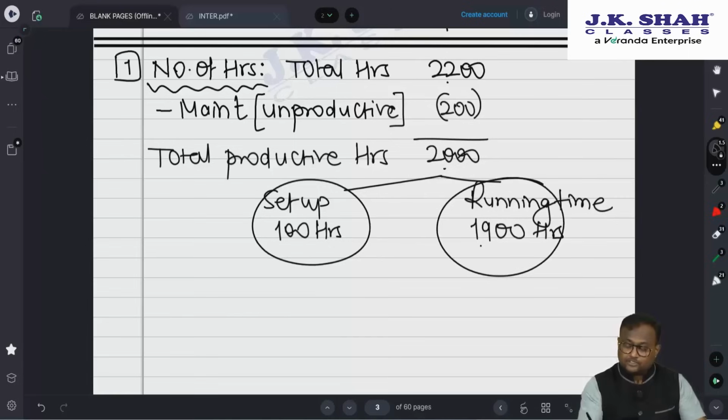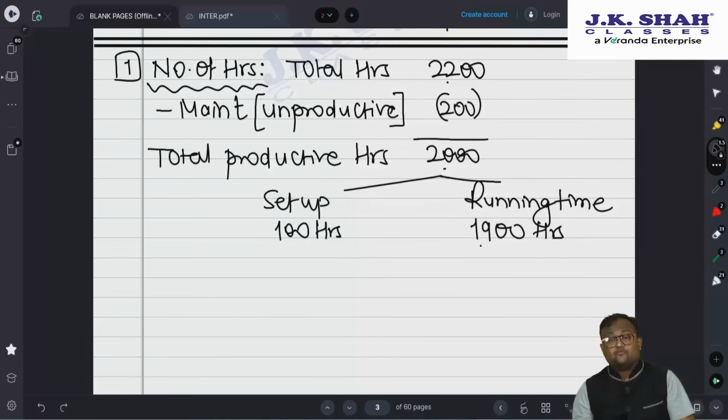Both are productive phases, so both are to be charged to the customer. And if you are supposed to charge both to the customer, naturally you should have 2 different rates. So this is your dual machine hour rate calculation, or you can say 2-tier machine hour rate calculation.